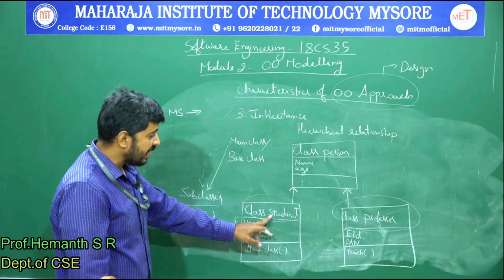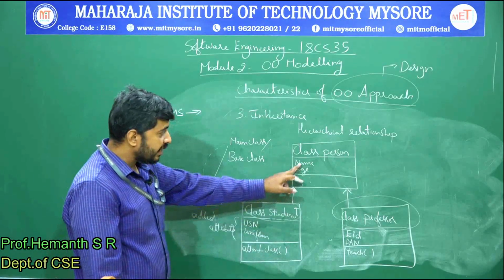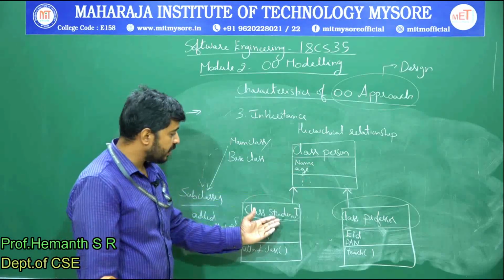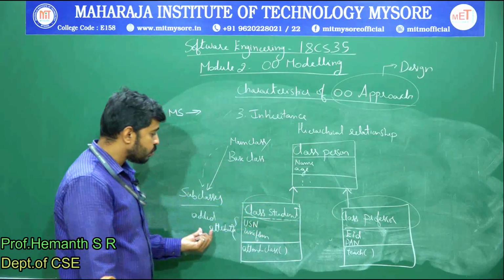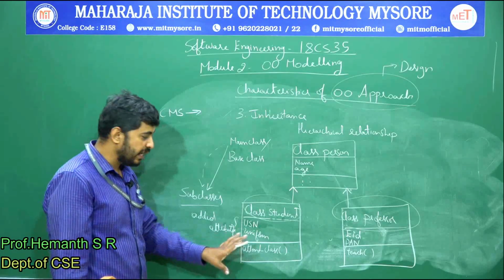For example, class Student is taking the name and age from class Person, because a student is also a person. Along with that, some things are unique to a student, like USN and uniform, that is being added here.